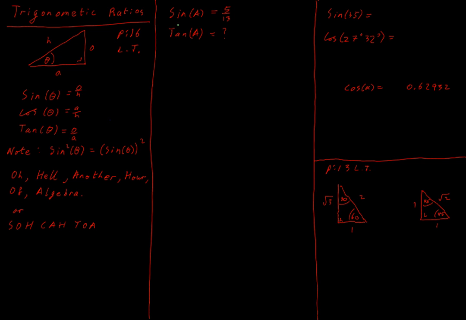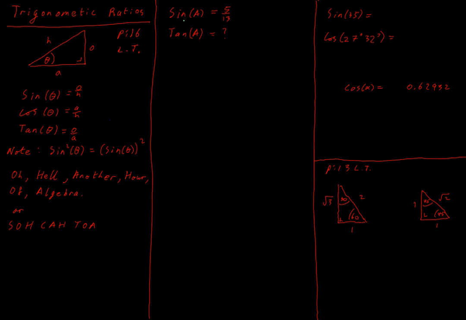Now, let's put this into practice and see what a question might look like. If we're told sine of an angle A is equal to 5 all over 13, how would I find tan of the angle A? Well, I could just find out what A is and then take the tan of it, but there's a much better way, a much more problem-solving type way that we do need to know for certain types of questions.